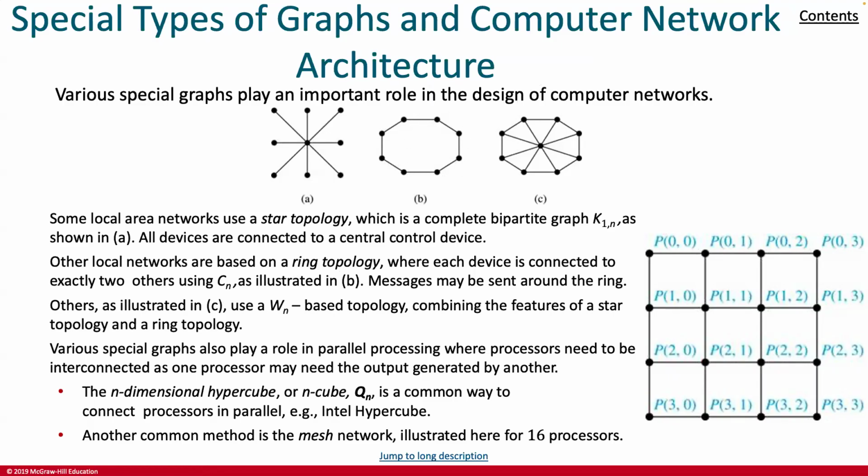And then we can have a hybrid topology, which is shown there. So various special graphs can play a role in parallel processing, where processors need to be interconnected, as one processor may need the output generated by another. So here we can see an example of 16 processors and the connectedness that we could postulate having between them.